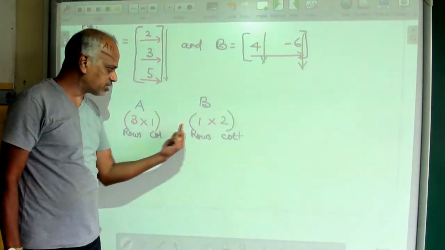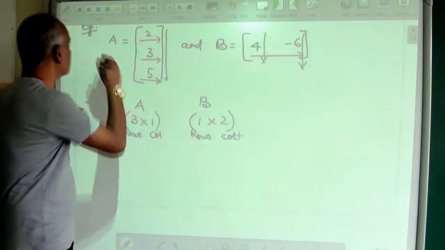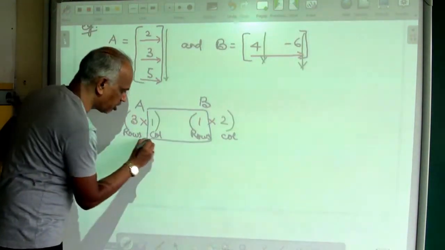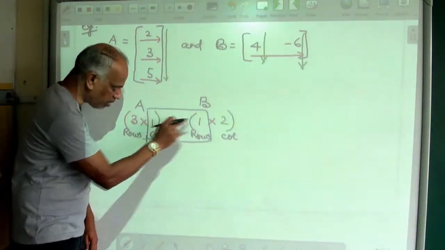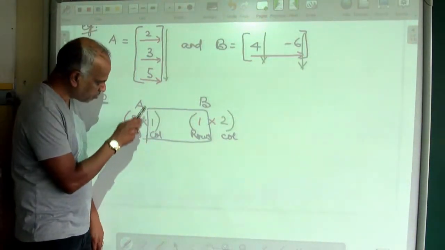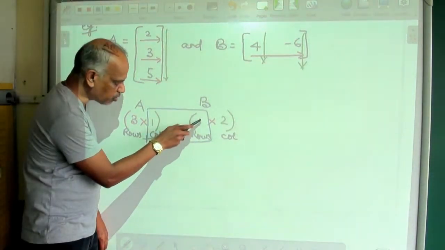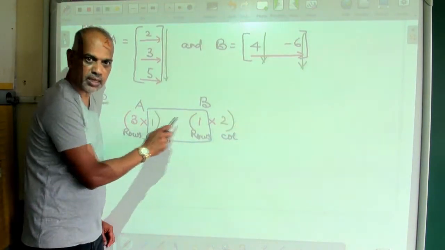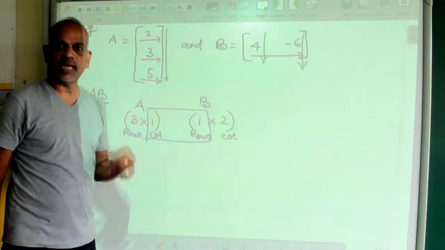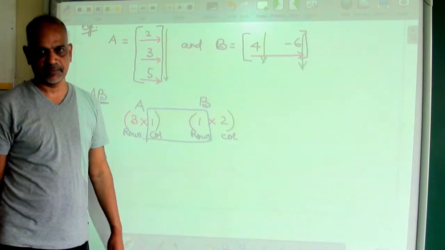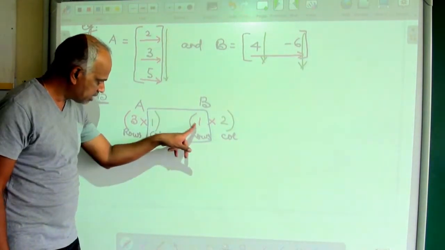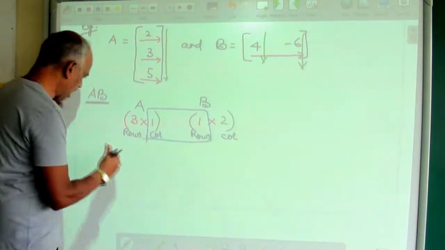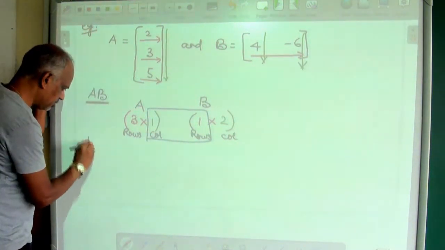I'm just going to put a rectangle around this. This is what you have to check: whether these two numbers are the same, that is, columns of the first matrix and rows of the second matrix. If it is the same, then you can multiply the two matrices. So in our case, this is 1, therefore you can multiply the two matrices. So matrix multiplication is possible.